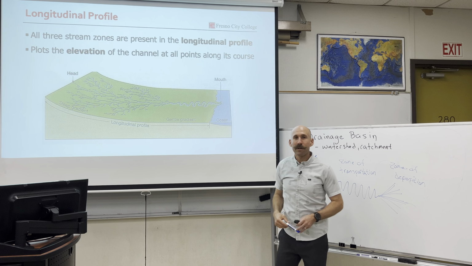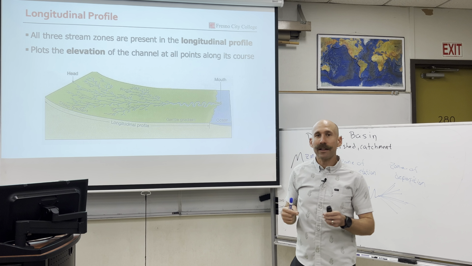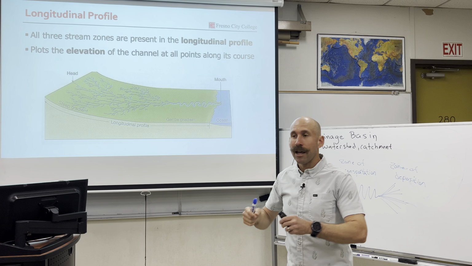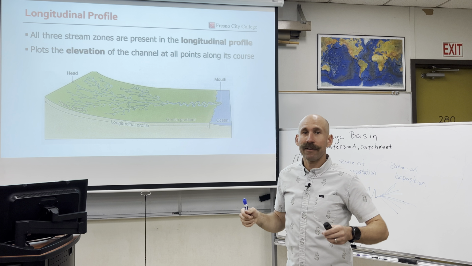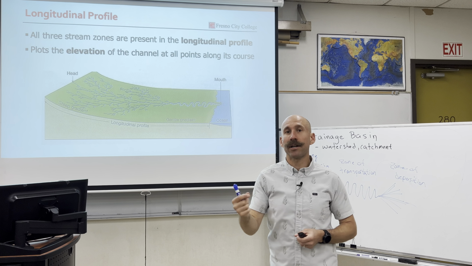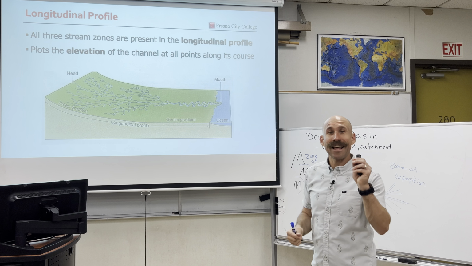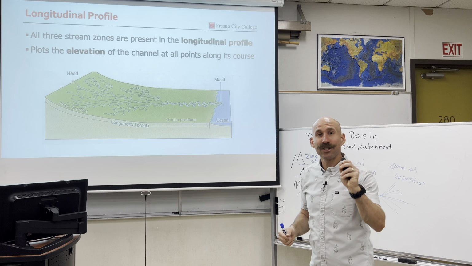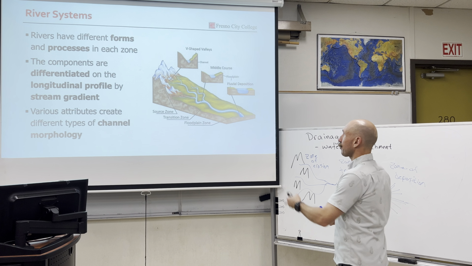This is important because gradient is going to greatly influence channel morphology and also be a determining factor of the specific fluvial processes that are occurring in that certain position of the river system.